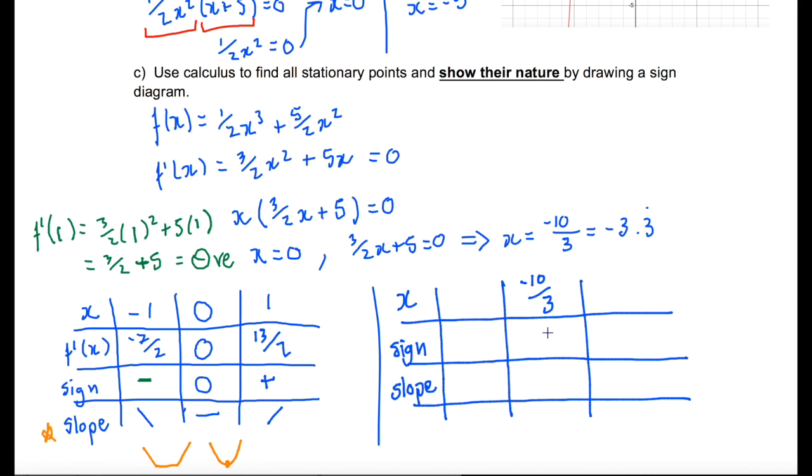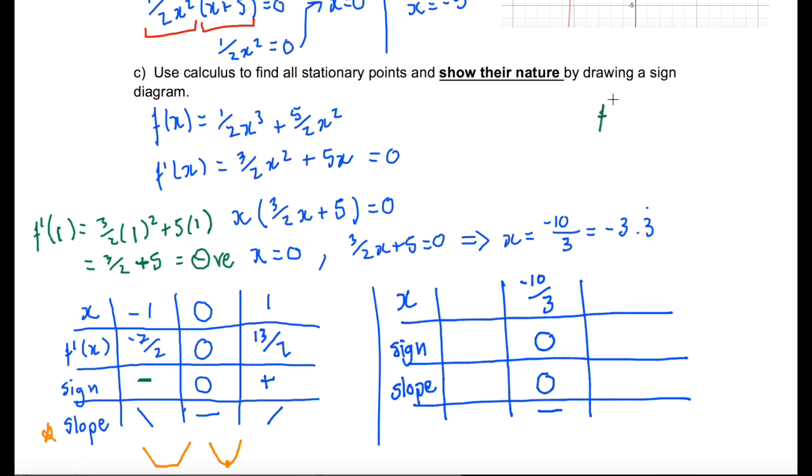Well, we know that the sign of that is going to be 0, because our f dash of x value is 0, so our gradient function is 0 at negative 10 on 3, so we know the slope of that is 0, so we know that that line is like that. Negative 10 on 3 is negative 3.3 recurring, so let's pick a number to the left of that. Let's say negative 4, and let's work out what that is.